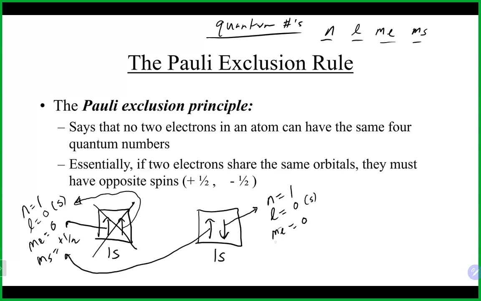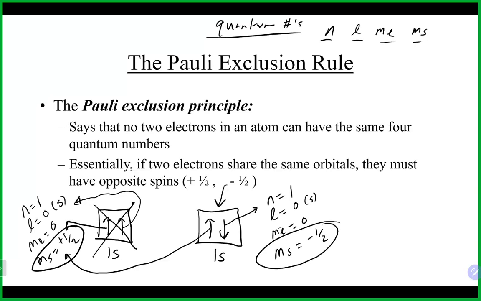But because it's pointing down, it will differ from the first electron in its spin quantum number. It will have a -1/2. Because of that difference in the spin quantum number, these two electrons now have different quantum numbers, and they will not violate Pauli's exclusion rule. We're not going to get too deep into quantum numbers, but that's the idea behind it.